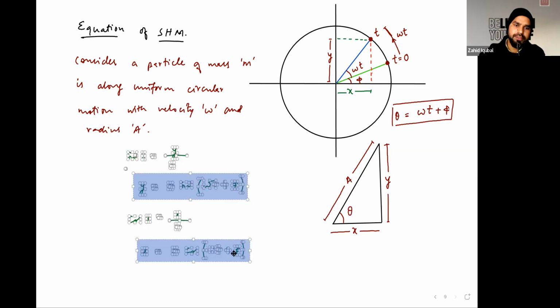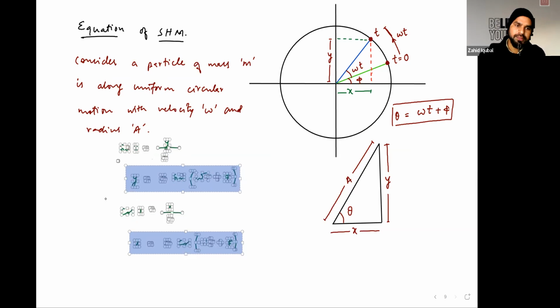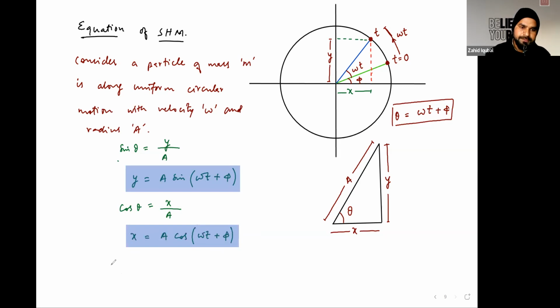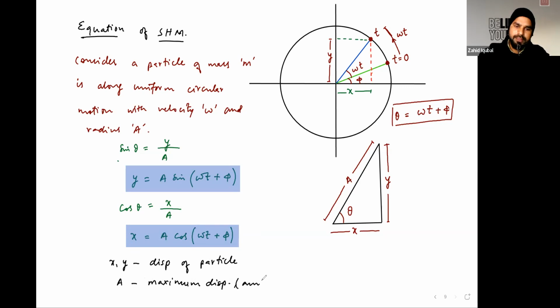Now let me define the corresponding terms and what this means. In this part, x and y simply define nothing but the displacement of the particle at any instant or at any time t. a is the maximum displacement, which is called amplitude.